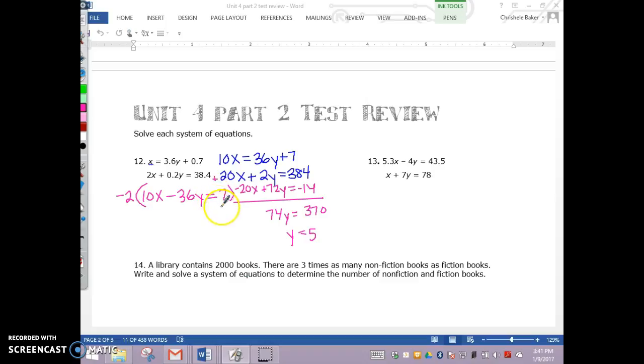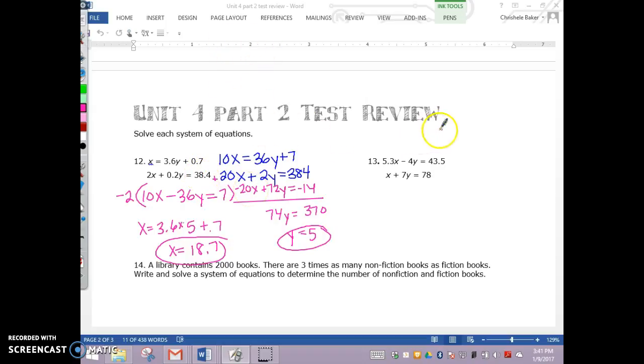Plugging that back in, x is equal to 3.6 times 5 plus 0.7, and that gives me 18.7. Not always pretty answers, but you can always check them. So this is an ordered pair, remember. This is a point on the graph where these cross.